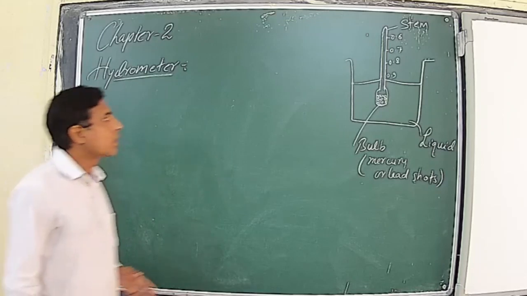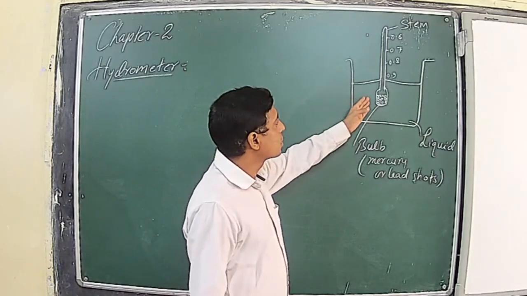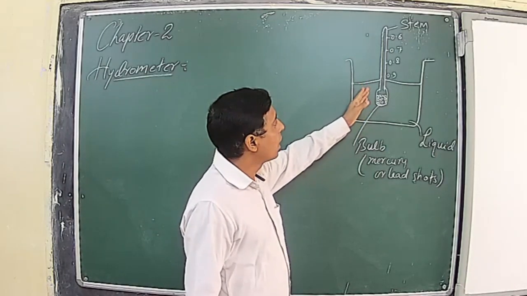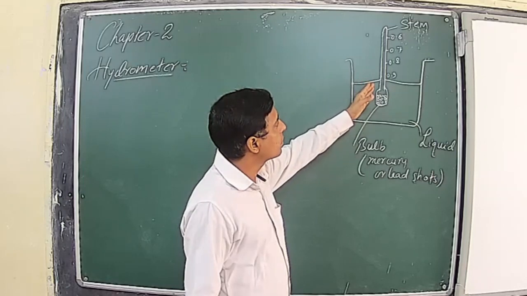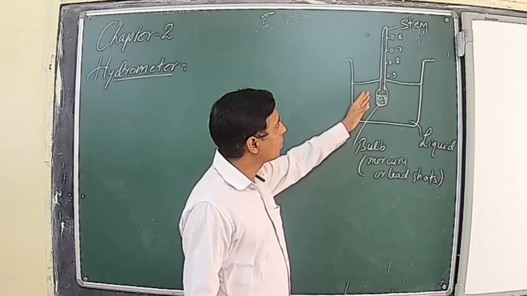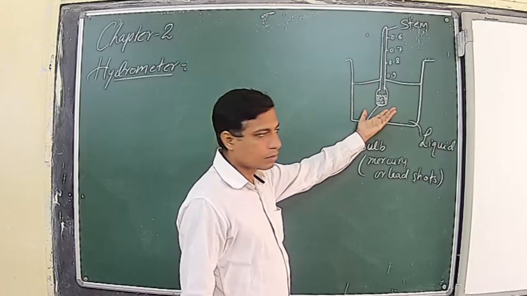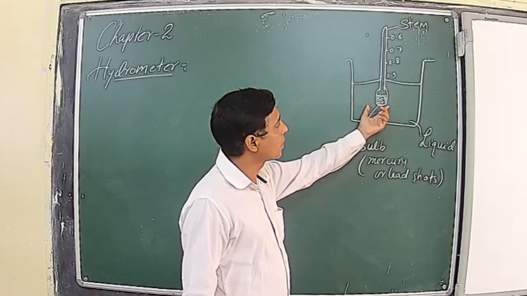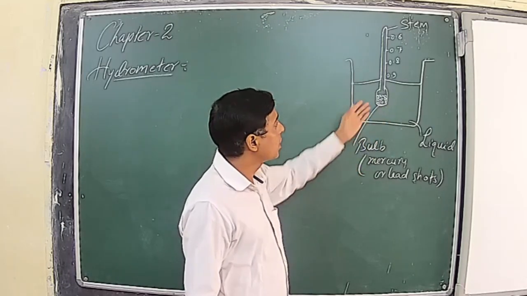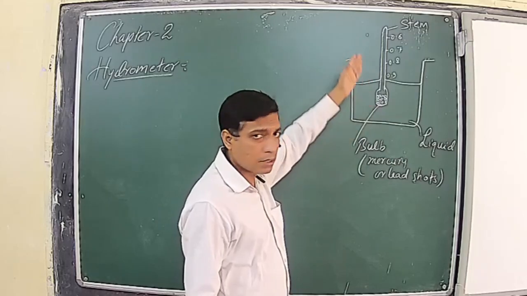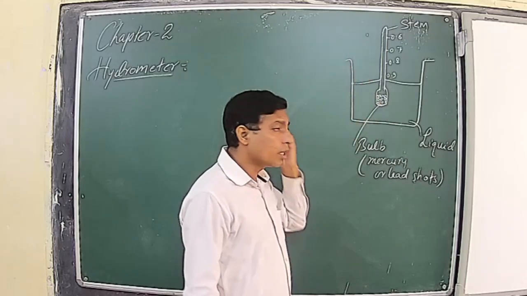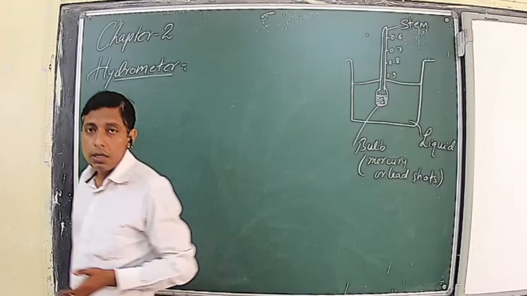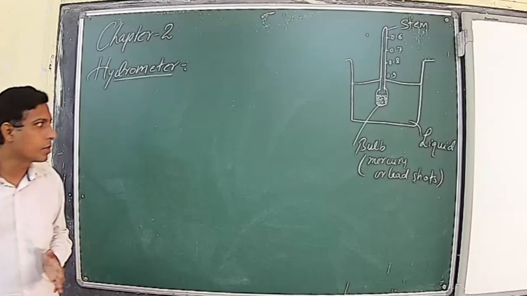Here the hydrometer is basically an instrument made of glass, having a stem made up of a cylindrical capillary tube, provided with a bulb at the bottom. This bottom is filled with mercury or lead shot in order to keep the whole arrangement in a vertical position. Now, if you have to measure the relative density of any unknown liquid, what will you do?